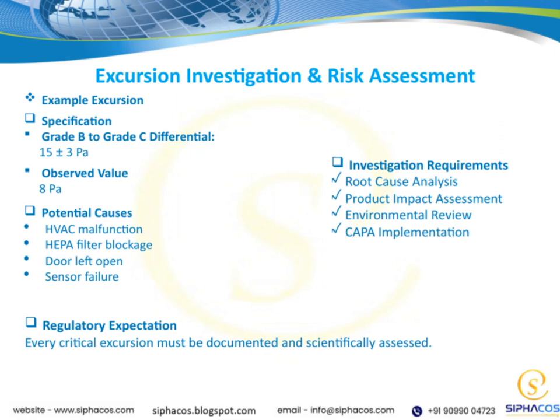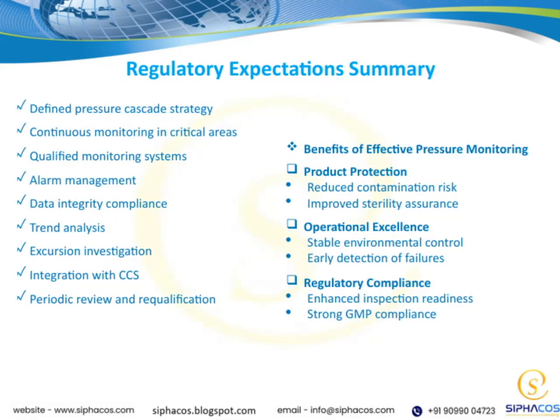Each needs careful investigation. Effective pressure monitoring brings clear benefits across the board. First, it protects the product by reducing contamination risks and boosting sterility assurance. Then, it drives operational excellence, keeping the environment stable and spotting problems before they escalate.